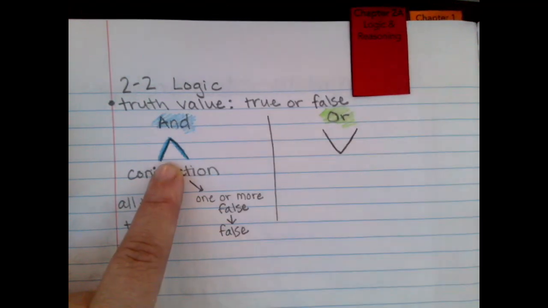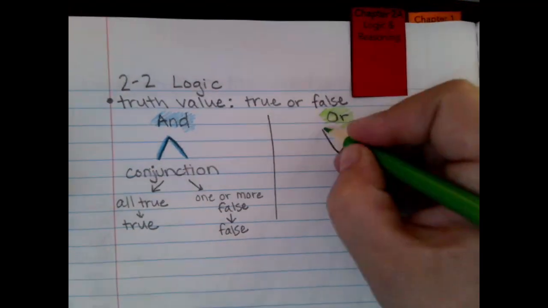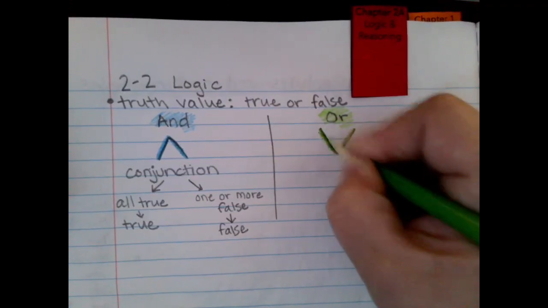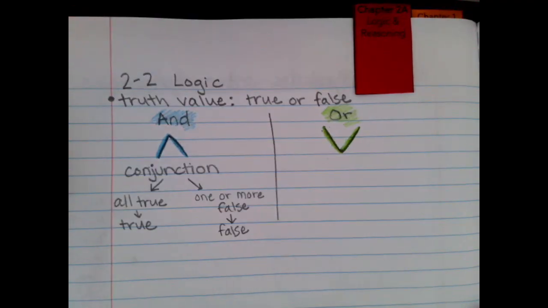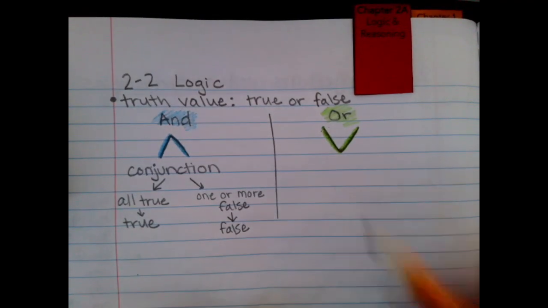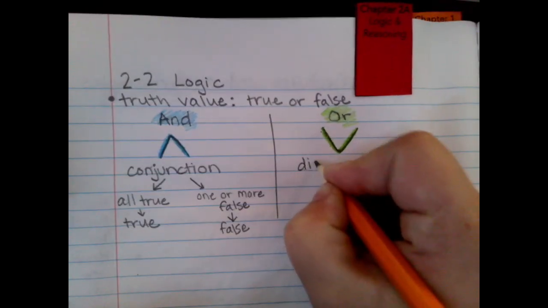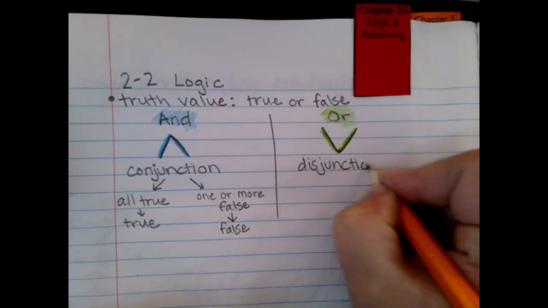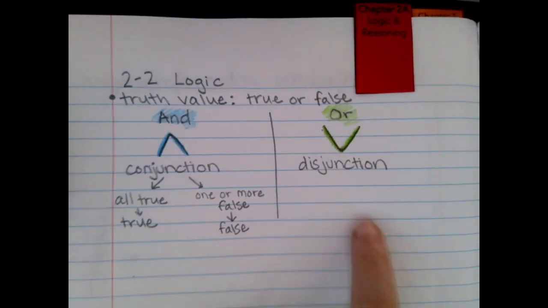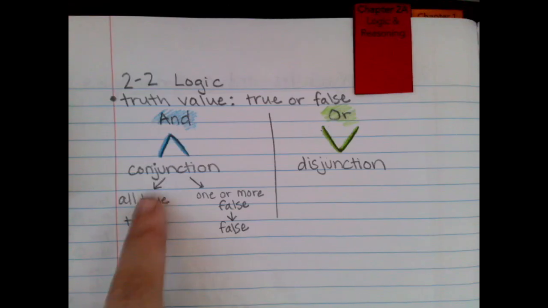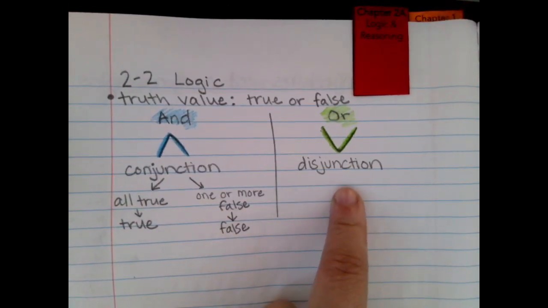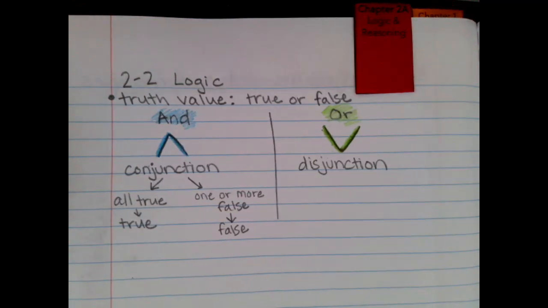So just a regular V. And instead of calling it a conjunction, we call it a disjunction. Meaning they don't have to be together. Okay, a conjunction, they have to be together. They all have to be true. A disjunction, they don't have to all be together. We're combining them, but they don't have to all work.